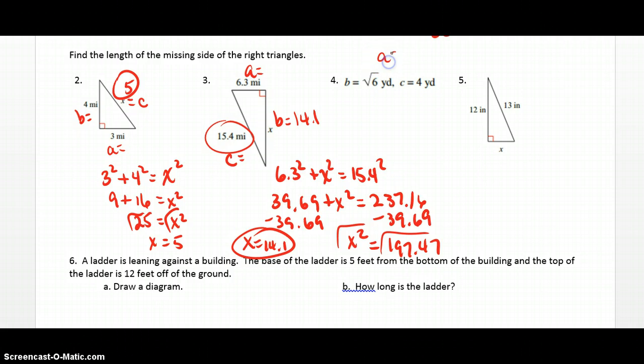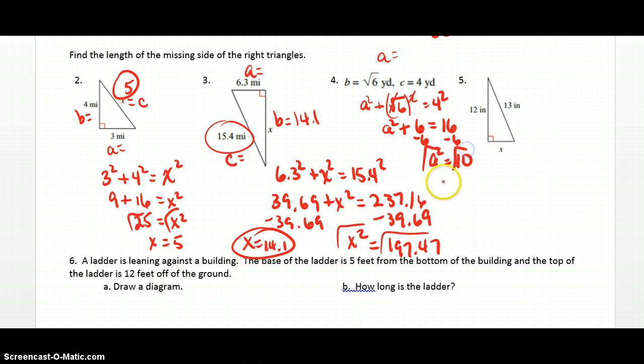You can see on my next example I did not draw a triangle. The a is what's missing. So a squared plus the square root of 6 squared equals 4 squared. You may remember from our square root unit that if you square a square root, they cancel each other out, and so we'll get 6. Continue isolating, subtract, and we get 10.